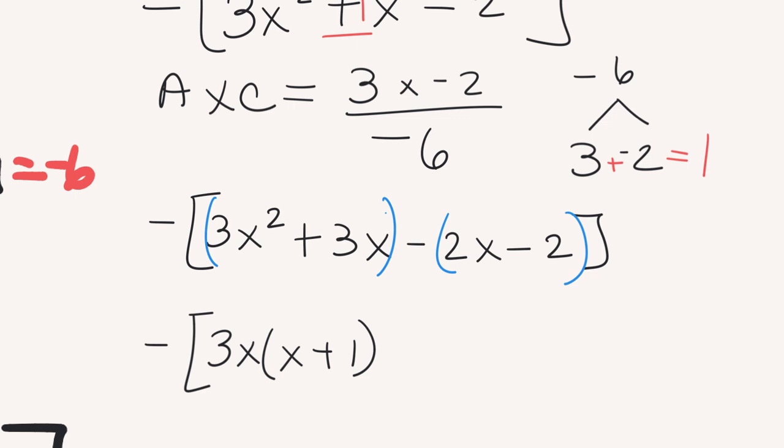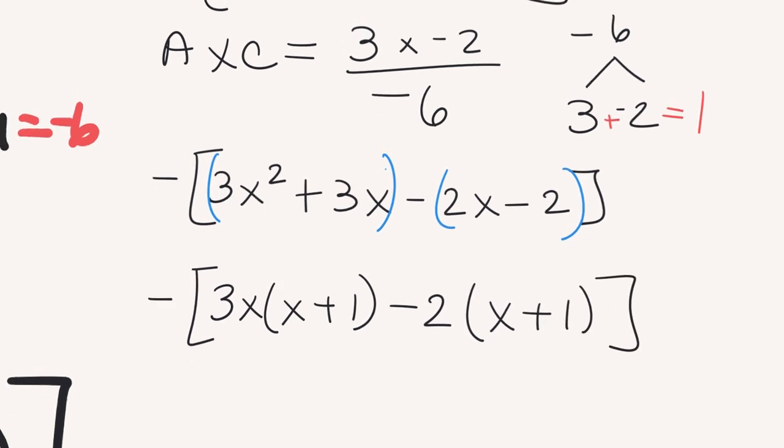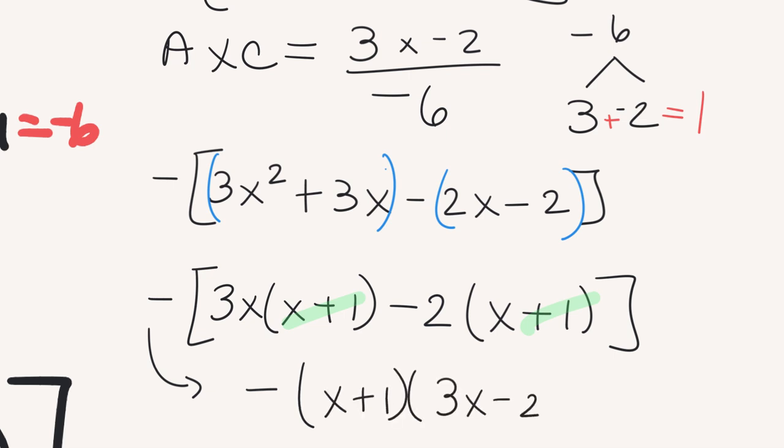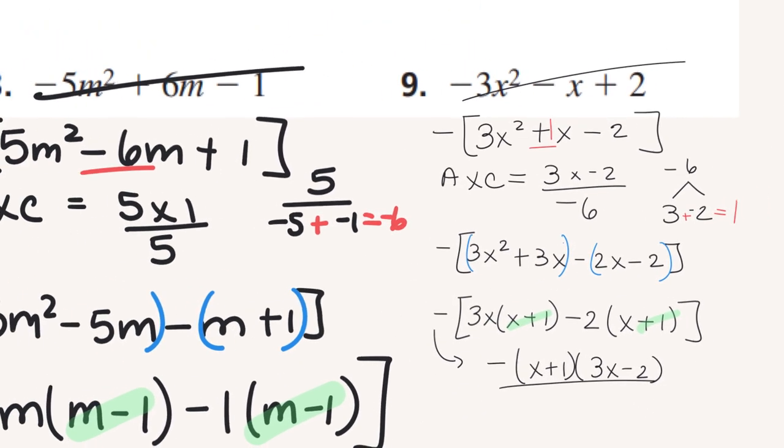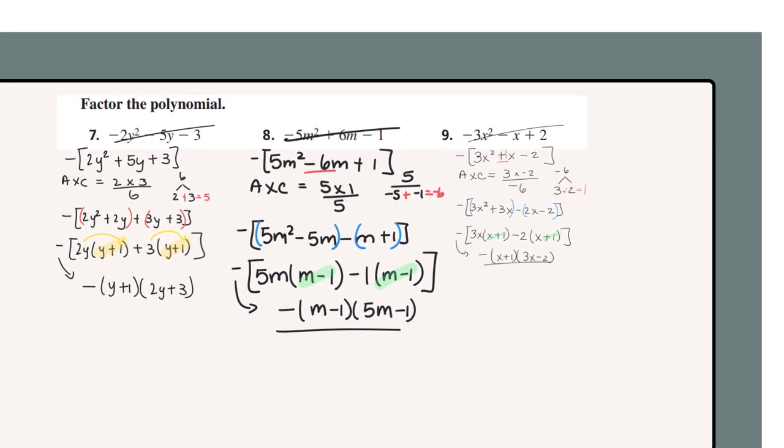Here I'm going to factor out a 2. And I'm left with x plus 1. So everything inside is the same. So my answer is going to be negative. Remember, bring it down. X plus 1 times 3x minus 2 for your final answer. Zoom out.